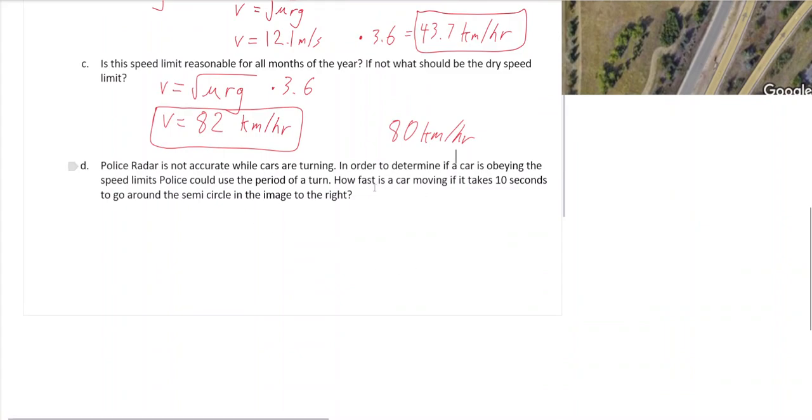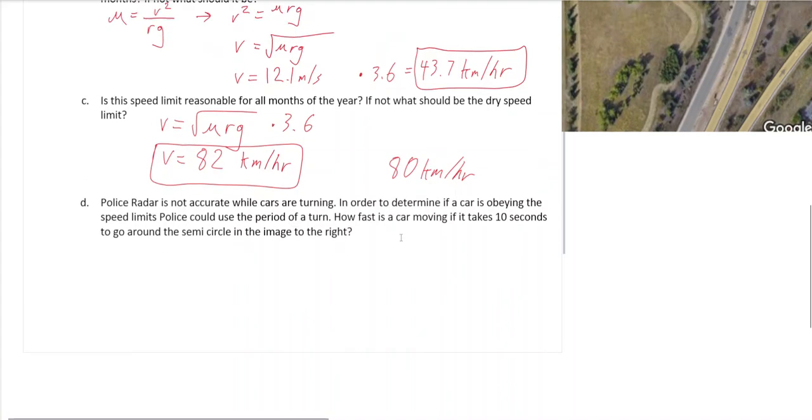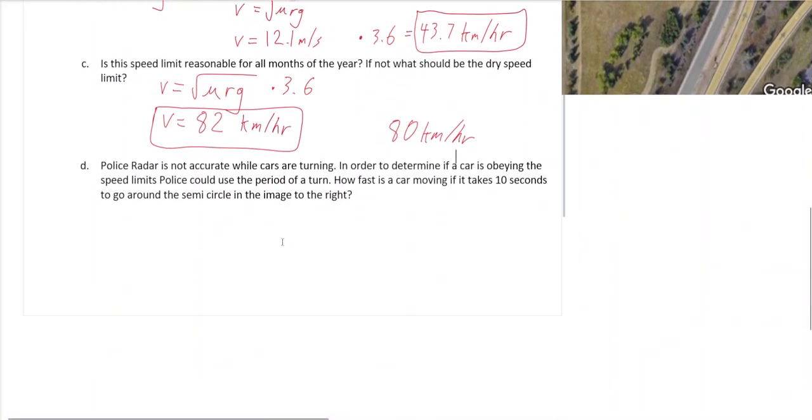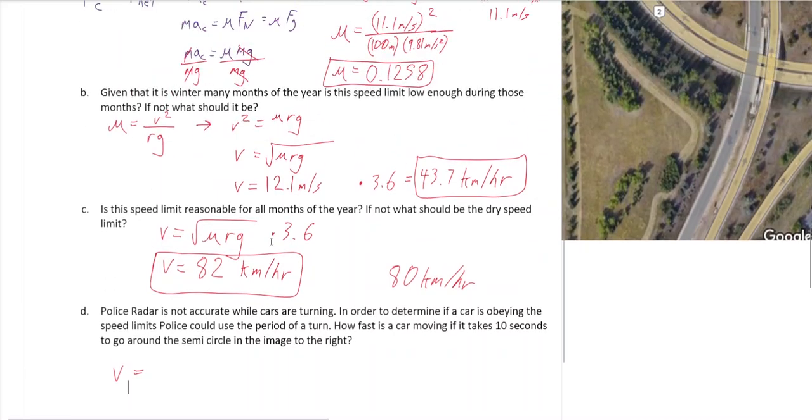Okay, now, police radar is not accurate while cars are turning. This is true. In order to determine if a car is obeying the speed limits, police could use the period of a turn. How fast is a car moving if it takes 10 seconds to go around the semicircle in the image to the right? Okay, so now we want to find the velocity, right?